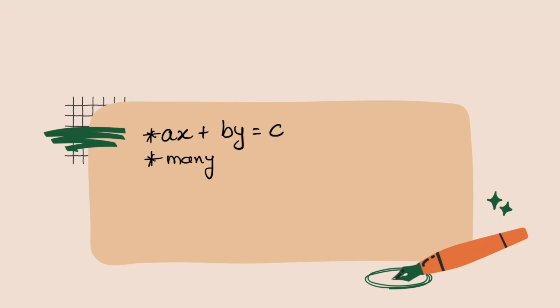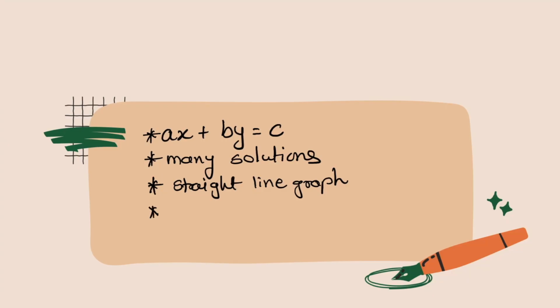It has many solutions forming a straight line on a graph. When you have a pair of equations, there are three methods to solve. First, graphical, second, substitution, and third, elimination.